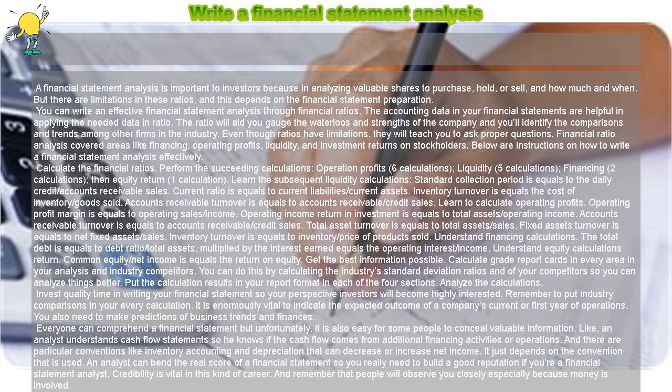Learn the subsequent liquidity calculations. Standard collection period is equal to the daily credit/accounts receivable sales. Current ratio is equal to current liabilities/current assets.